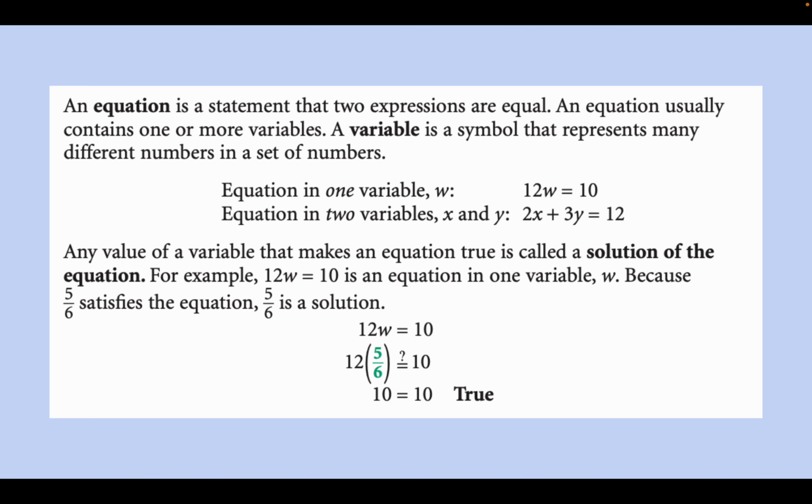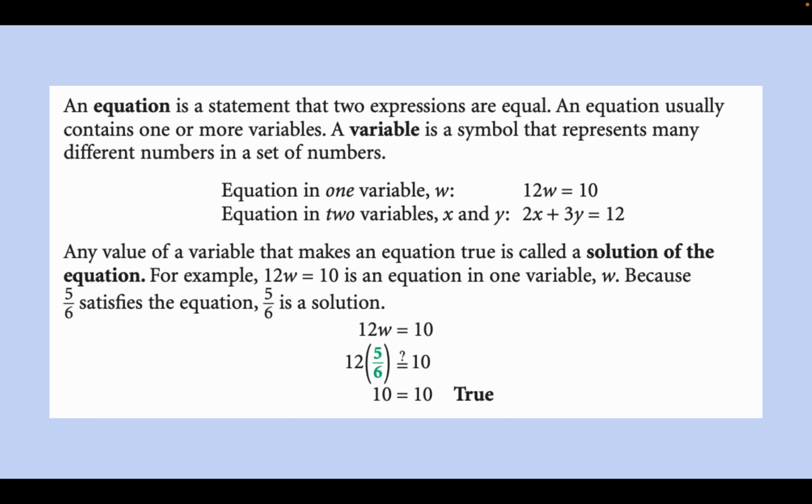First up, what is an equation? An equation is a statement that two expressions are equal. An equation usually contains one or more variables. A variable is a symbol that represents many different numbers in a set of numbers.